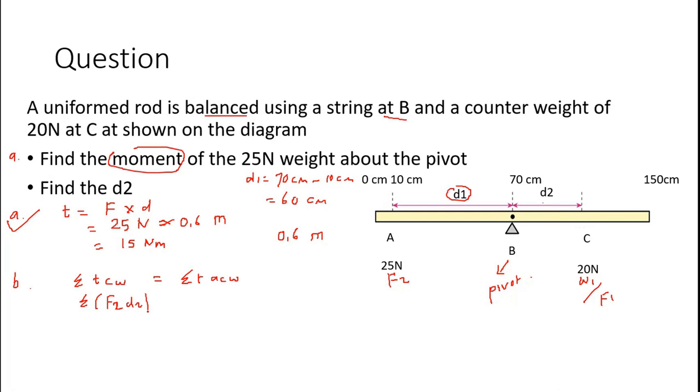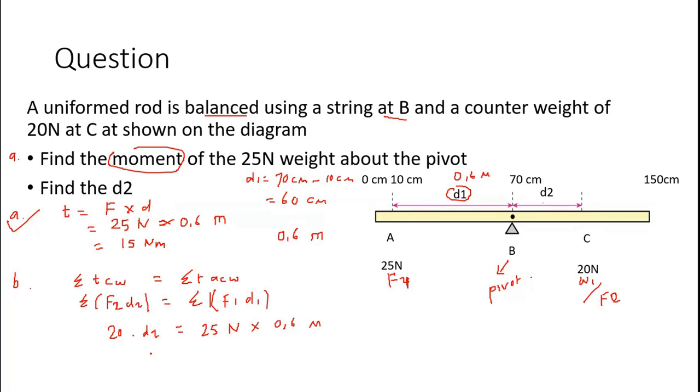F2 D2 is equal to F1 D1. F2 is 20 times D2, which is equal to F1, 25 Newton, multiplied by 0.6 meter, because D1 is 0.6 meter.